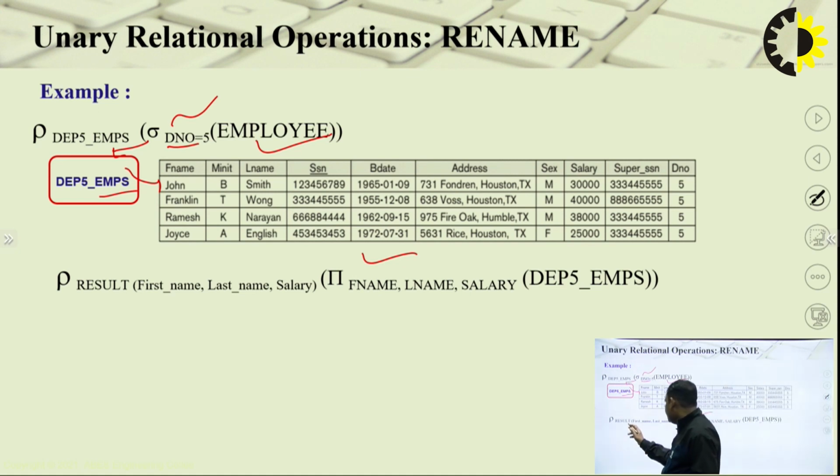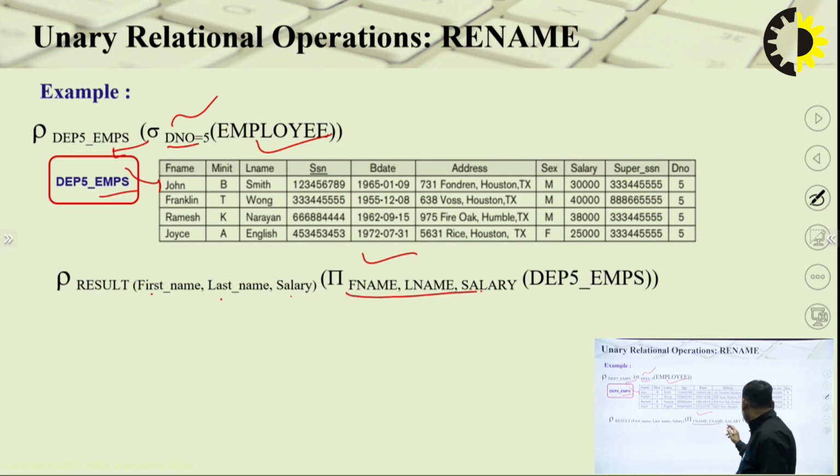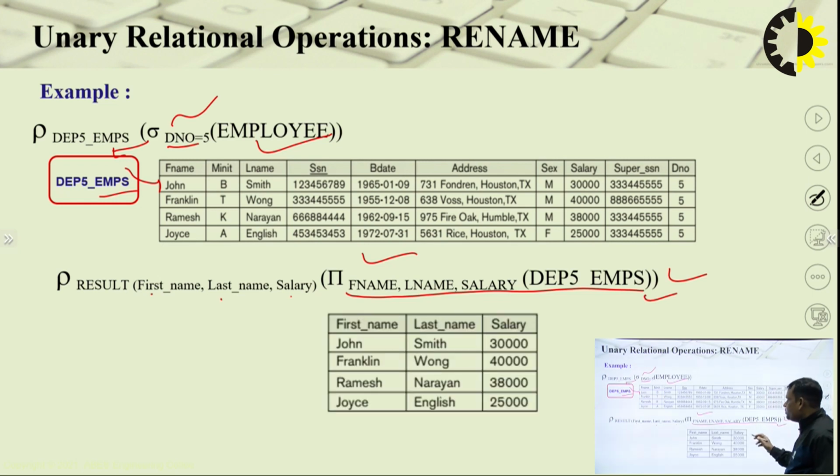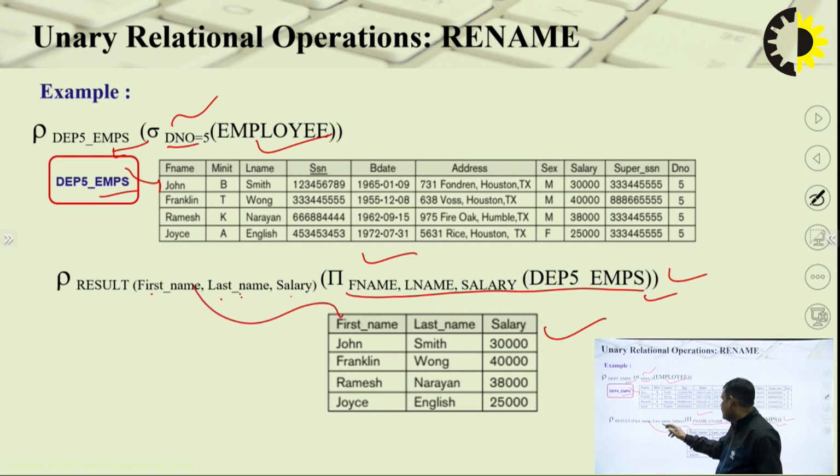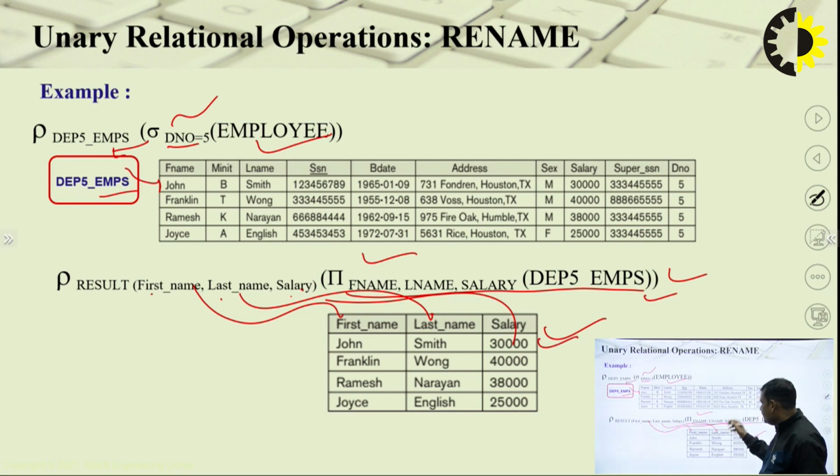Rename by first name, last name and salary, which uses the projection operation on first name, last name, salary from department employee. First name, last name and salary are renamed by the number of attributes or columns.